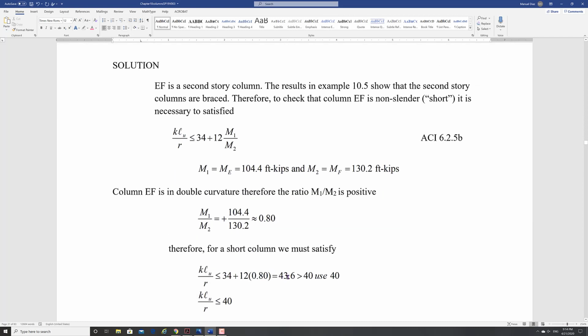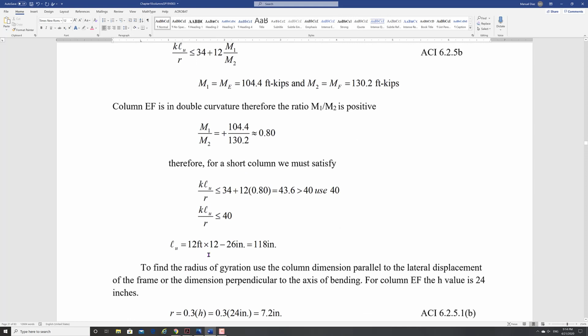The value happens to be 43.6. We cannot exceed 40, so the limit is 40. If we go past 40, for this particular case, with those moments, because now the limit is a function of the moments, it becomes slender.